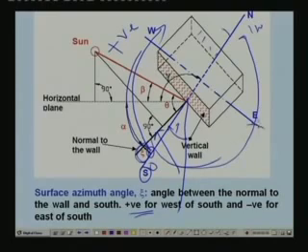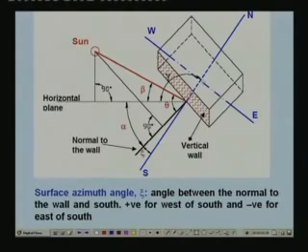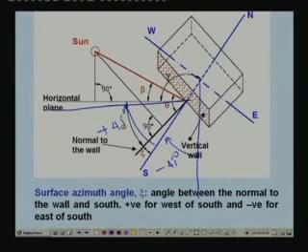For example, east is minus 90 degrees, whereas west is plus 90 degrees. Similarly, southeast is minus 45 degrees, whereas southwest is plus 45 degrees. So if you know the orientation of the surface, you can easily find the value of zeta, and remember the convention followed, that is positive for west of south and negative for east of south.